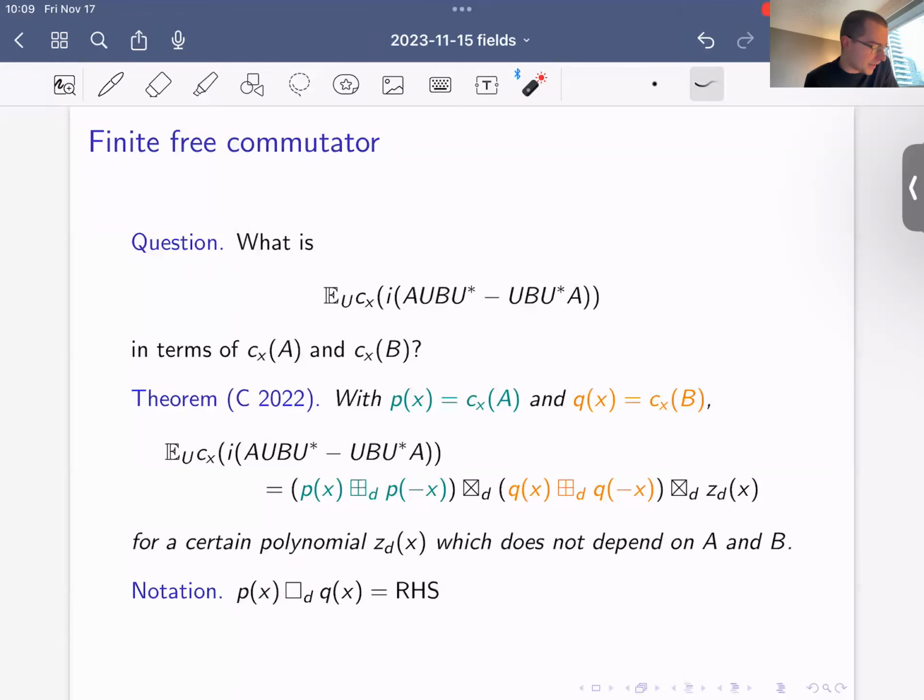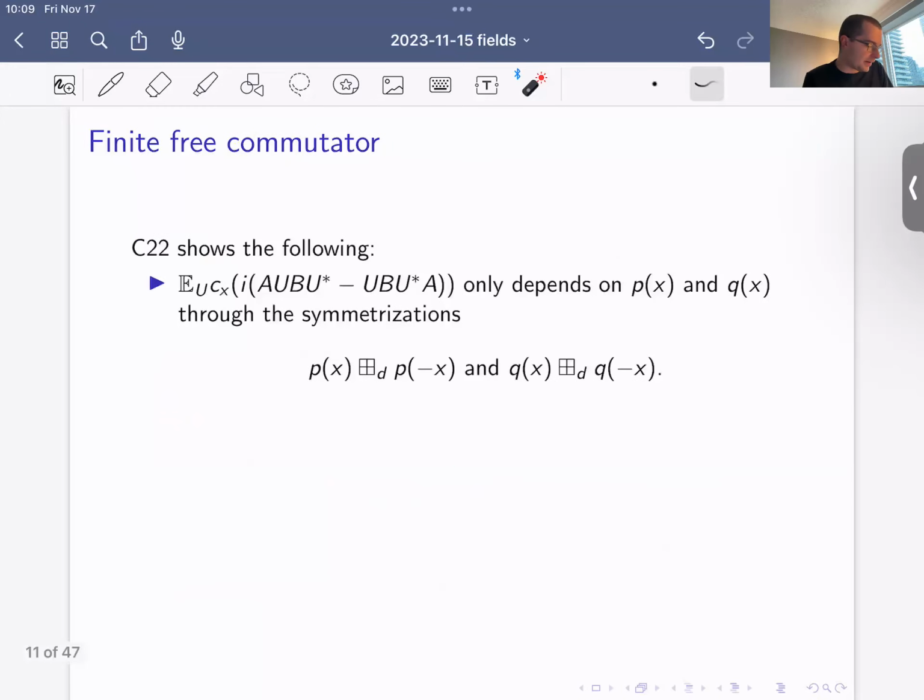And this is inspired by the paper by Nica and Speicher from 1998, where they solved this problem in free probability. This is the notation that they use there, except without the D, of course. Right, so just a few things I want to point out in general about this result.